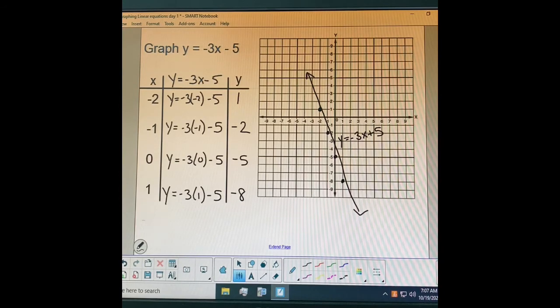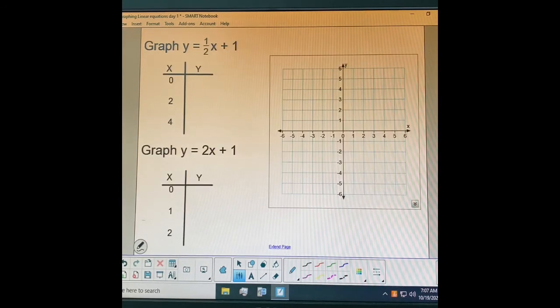For the next problem, graph y equals 1/2 x plus 1 and y equals 2x plus 1 on the same coordinate axes. Let's see what happens.